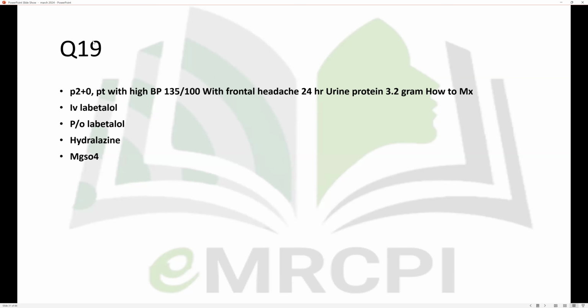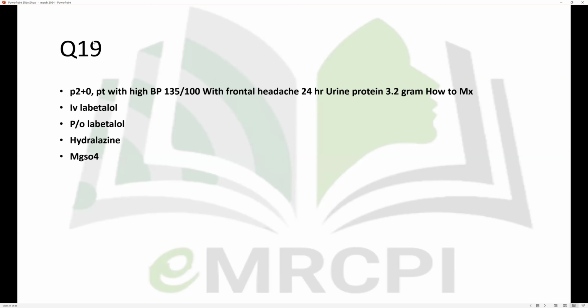Okay, even in cases of severe hypertension, we will go oral. If the patient is not responding or does not tolerate oral, we go IV and so on. So the patient can start with oral, no problem.